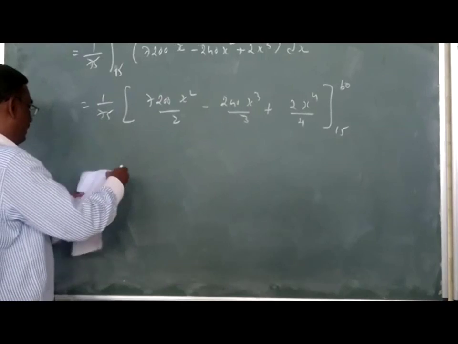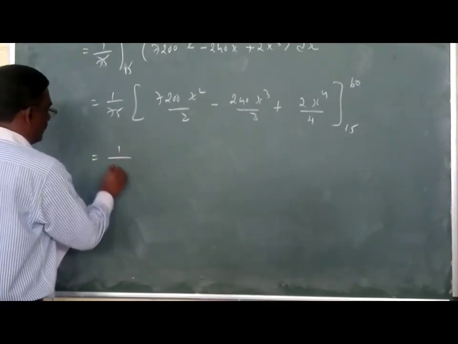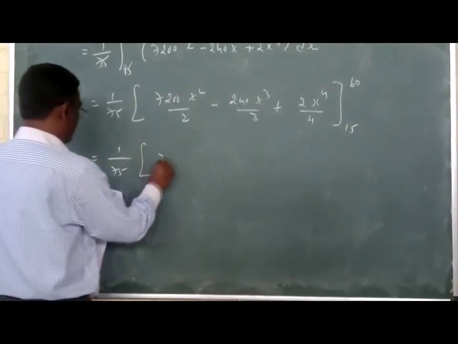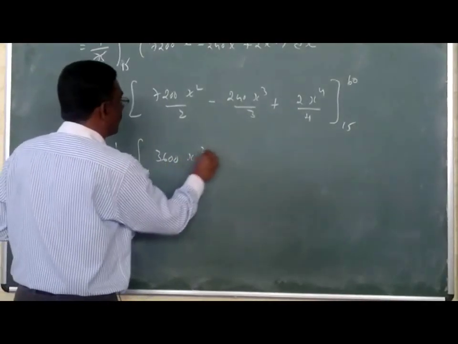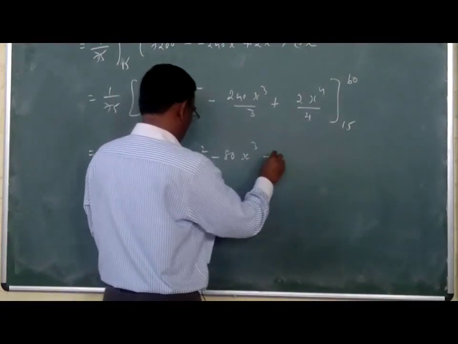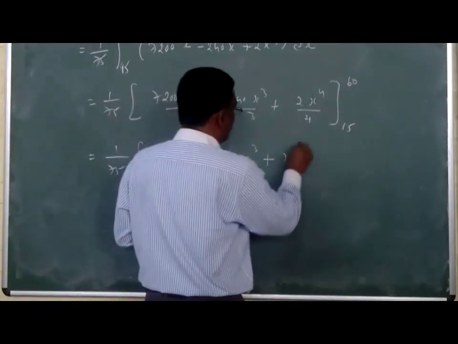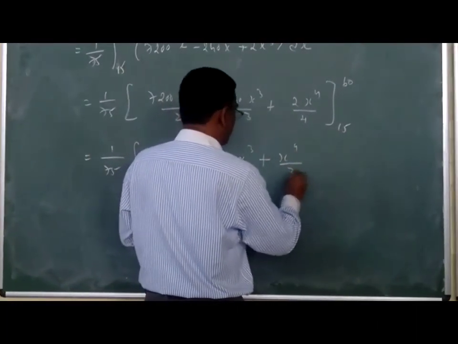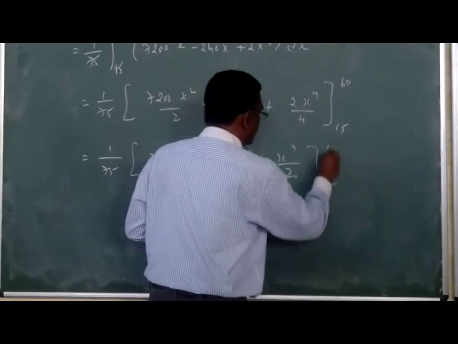And we can further simplify this equation. This will be 1 by 75 and 3600 x square minus 80 x cube plus x to the power 4 by 2. The limits are 15 to 60.